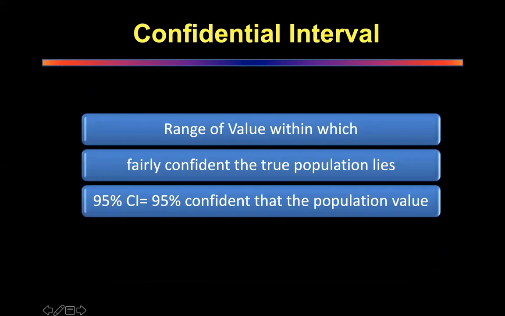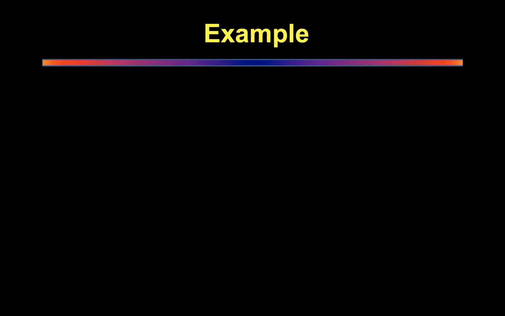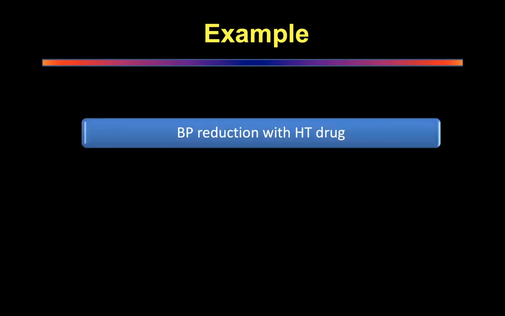So 95% confidence interval means I am 95% confident that the population value lies between those two limits. And I'll show you a graph. Don't worry about it. Okay, let's look at the example. Look at blood pressure reduction with a hypertensive drug.